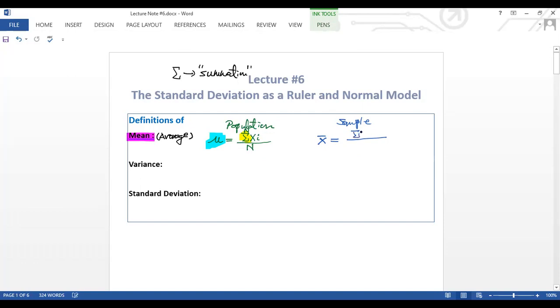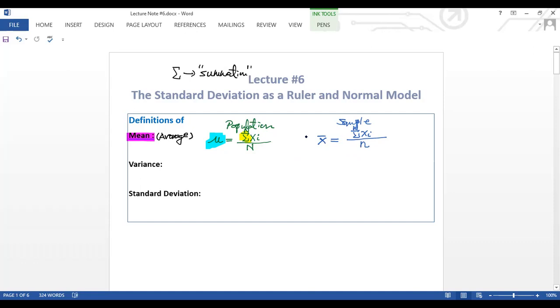You add all the sample values xi and now divide by the little n here, because with the sample, I'm just taking a part of your population, right? So that's how we define the mean. We have two ways. It's the average, either for the population or the sample.